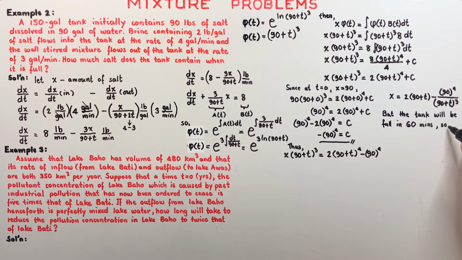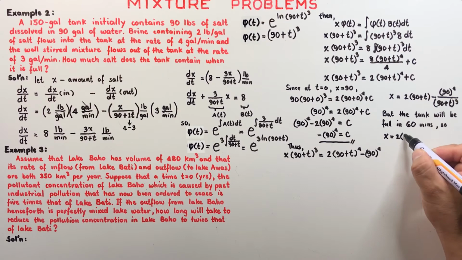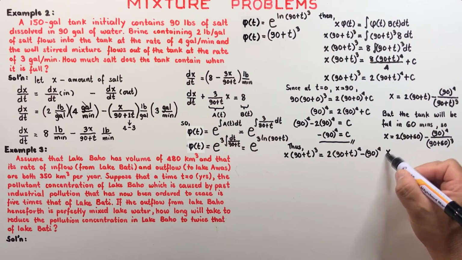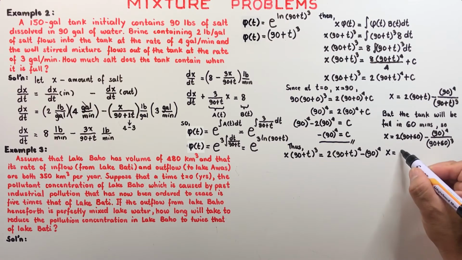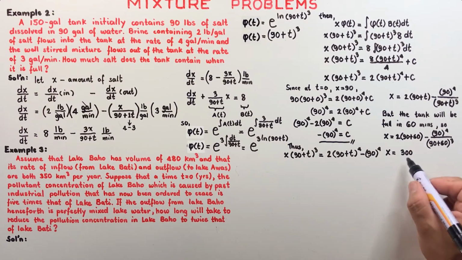So when t is 60, we have 2 times (90 plus 60) minus the fourth power of 90 divided by (90 plus 60) to the power of 3. We have our x as 300 because 90 plus 60 is 150 and 150 times 2 is 300.